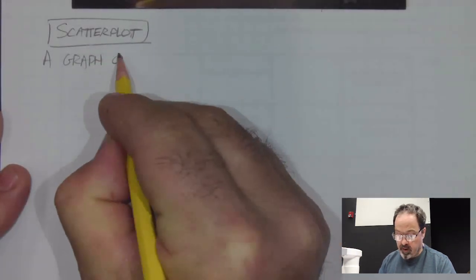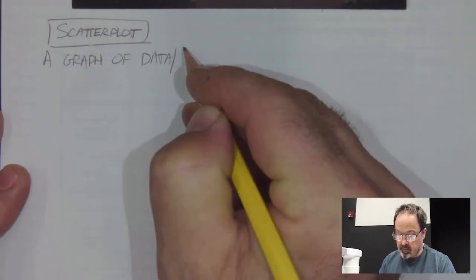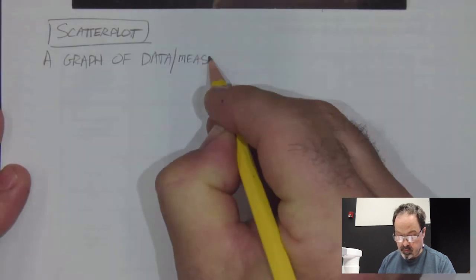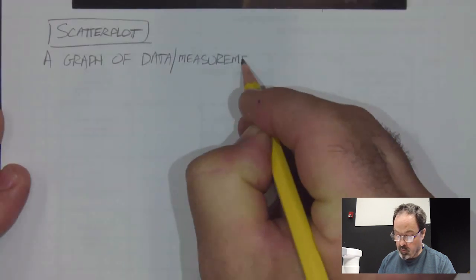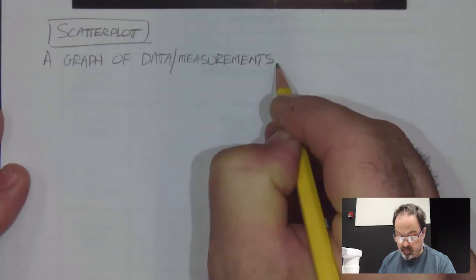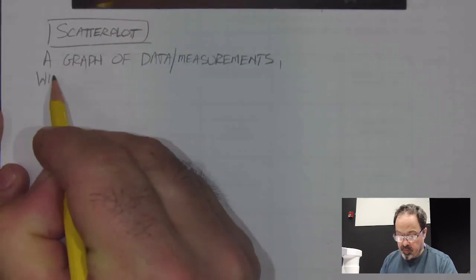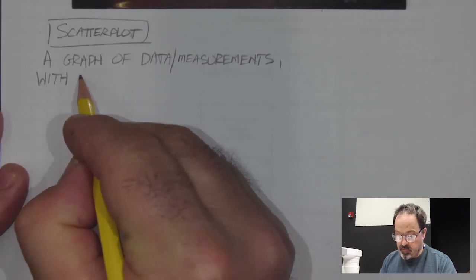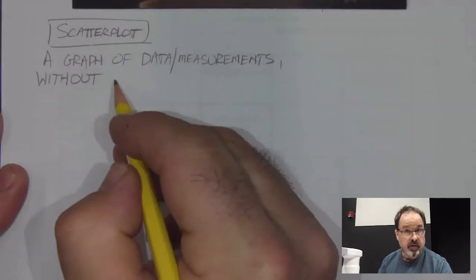And it's the type of graph that you would make if you had data or measurements, maybe from a survey or an experiment. And scatterplots that come from data means that you don't often have an equation that you'd be graphing.